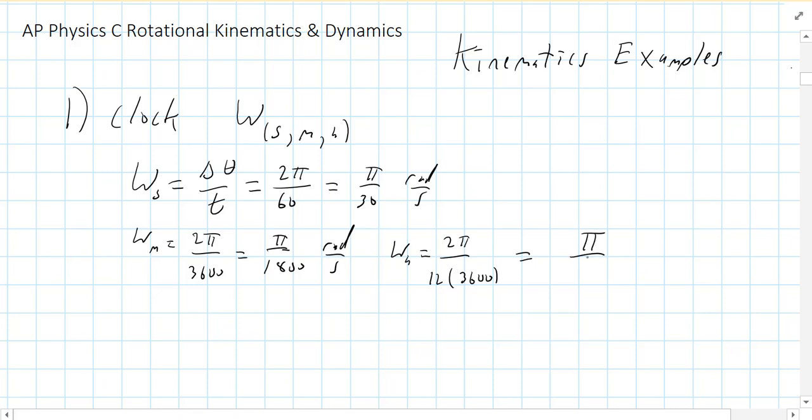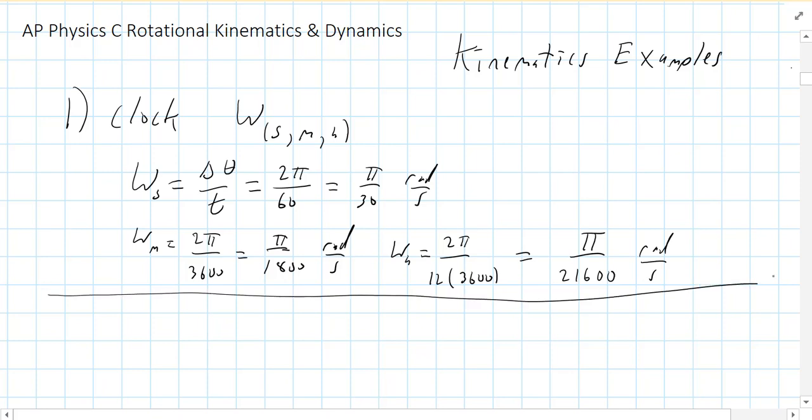You could say pi over, let's see, 6 times 36 would be 216 and then 2 zeros. So there you go, and that would be radians per second. By the way, the hour hand moves incredibly slow. If you're watching an hour hand, it's going to look like it goes incredibly slow. So that's our first example, just talking about angular velocity and how quickly something is spinning.